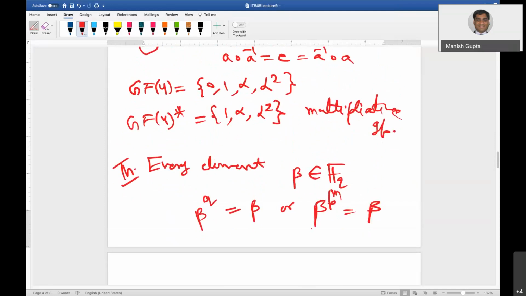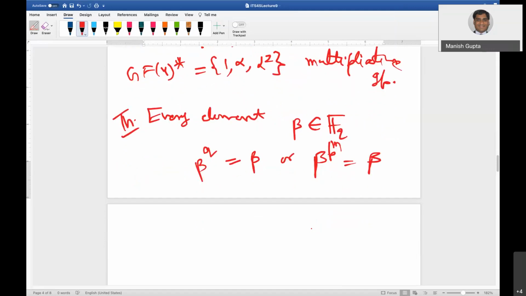Why is that? You can prove it by saying that suppose beta is some power of alpha, say alpha raised to i. You compute this, and while doing some manipulations, you will be able to show that beta raised to power q is equal to beta, or beta raised to power p raised to power m is equal to beta. So in other words, beta is a root of the equation x raised to power p raised to power m is equal to x.